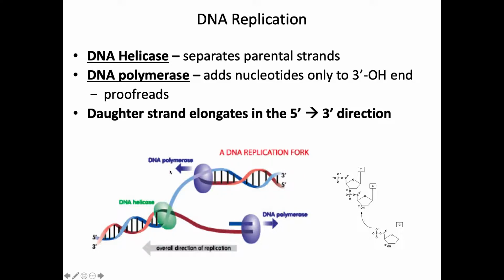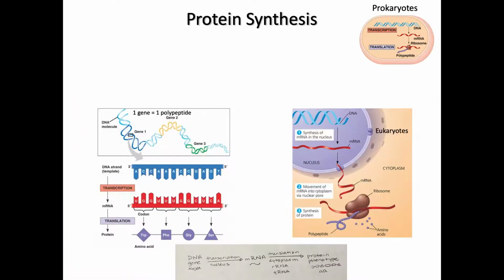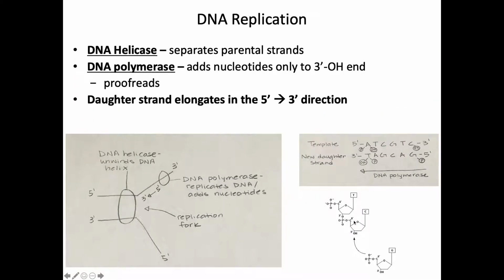And this DNA polymerase reads the parent strand from the 3' direction to the 5' direction, so that it can make the new daughter strand from the 5' direction to the 3' direction.